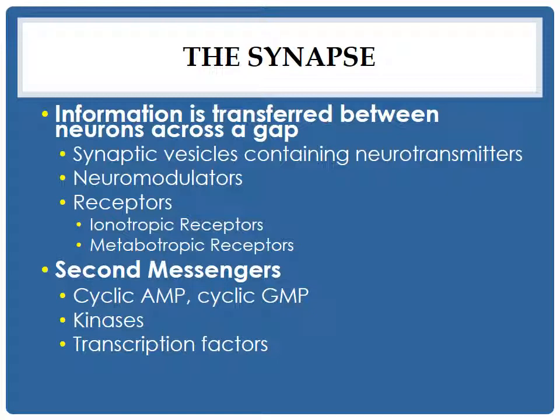So these secondary messengers and kinases affect all different kinds of cellular processes. The book mentions this may even be how memories are formed. They can be a lot longer term than an action potential, which is taking place over less than a second.